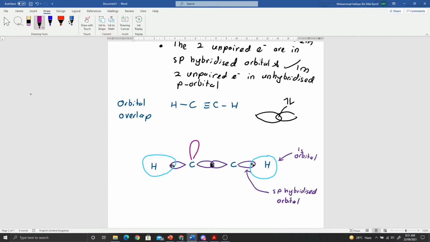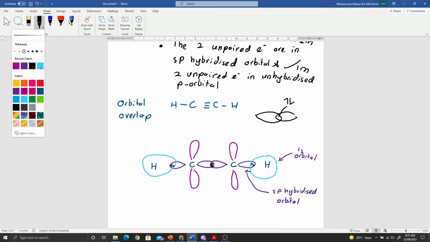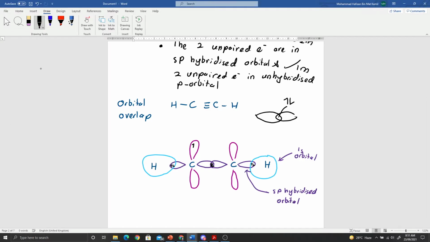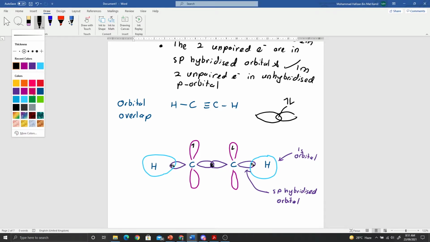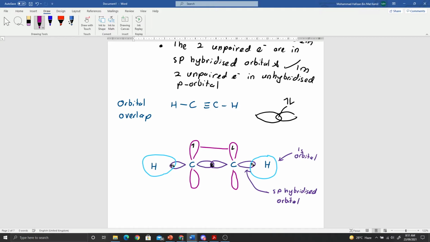So we have the p orbitals as usual on the z axis. The way to draw it is, one spin up, one spin down. So this is one of the pi bond.